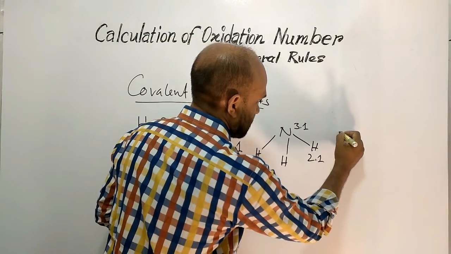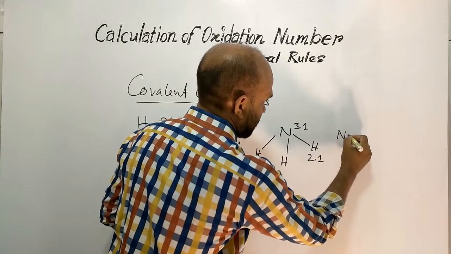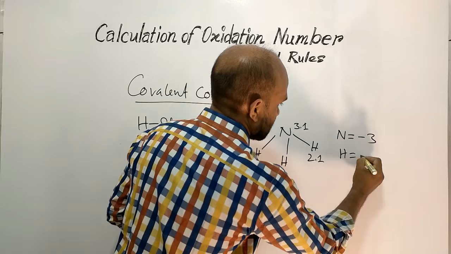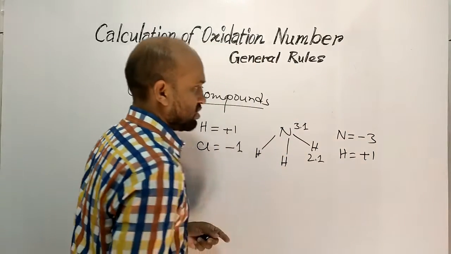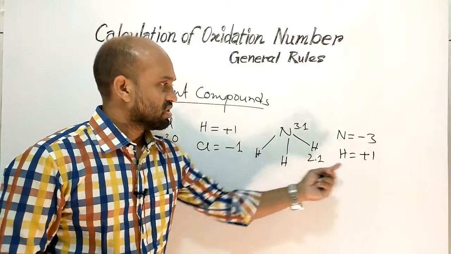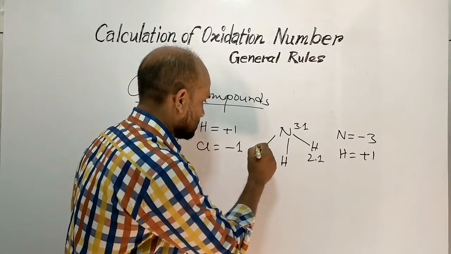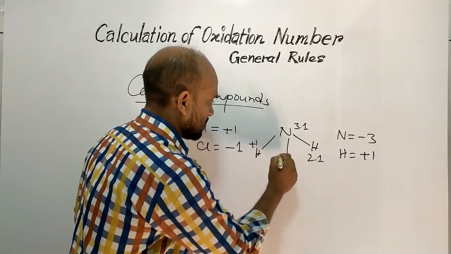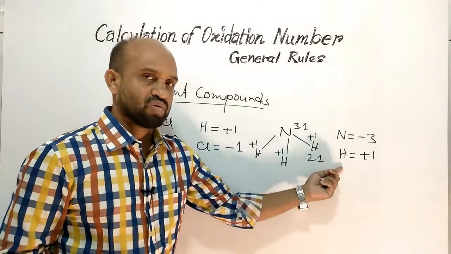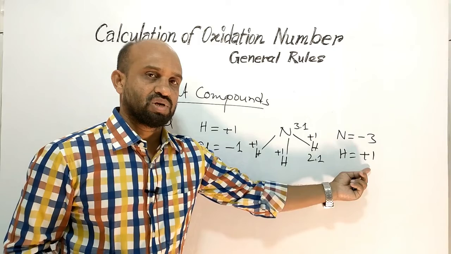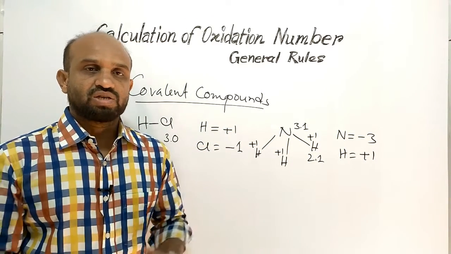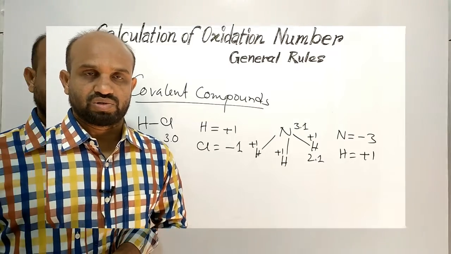That is why the oxidation number of nitrogen is -3 and hydrogen is +1 by one atom of any element. This is actually here +1, here +1, here +1. So by one atom the oxidation number is +1. This is about oxidation number in covalent compounds.